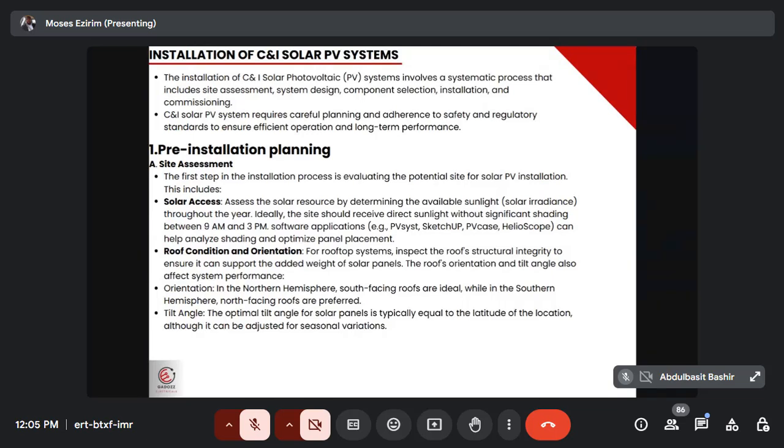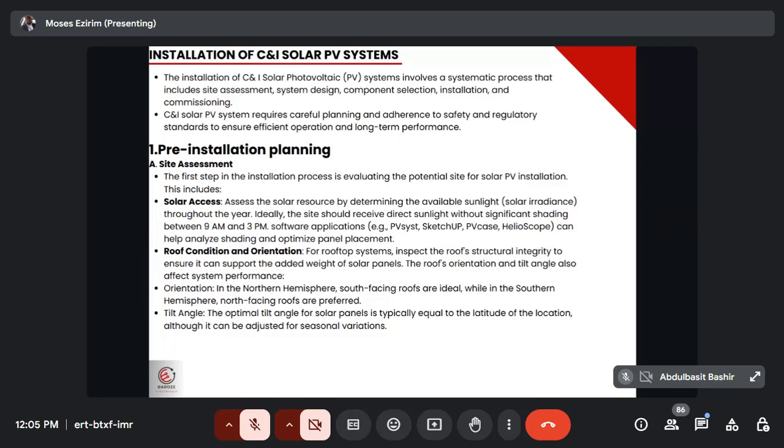Now the next one is the roof condition and orientation. For the roof system, you inspect the roof structural integrity. You don't just install panels on the roof. You need to consider the weight of your panels on the area. You understand? That is the reason why you need to employ the services of a structural engineer.